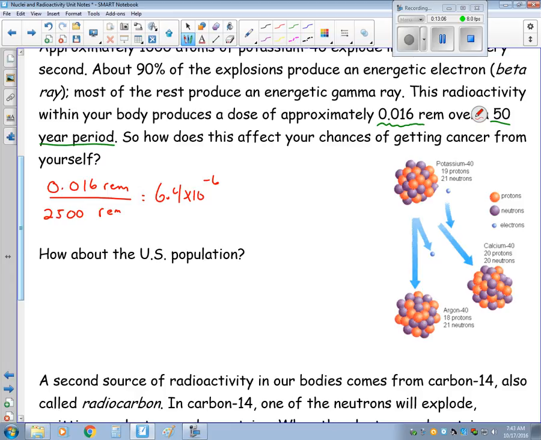So because of your potassium, you get another 6 chances in a million to get cancer. You have better luck of winning the lottery.